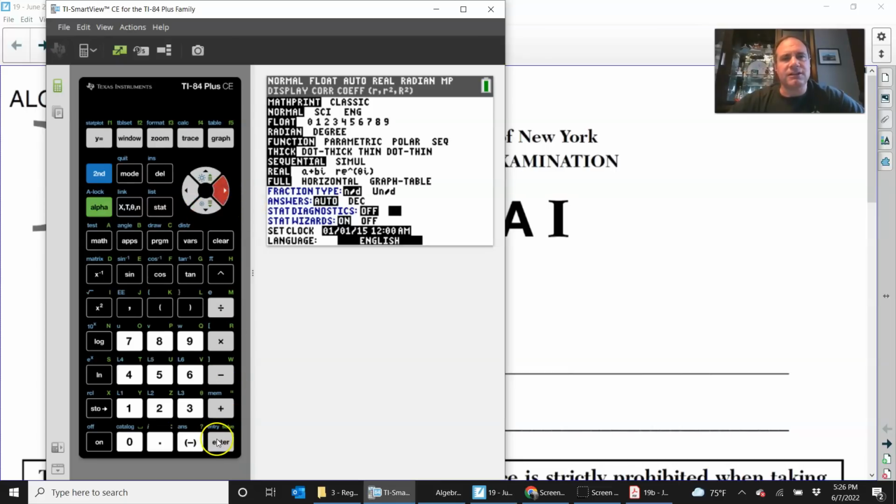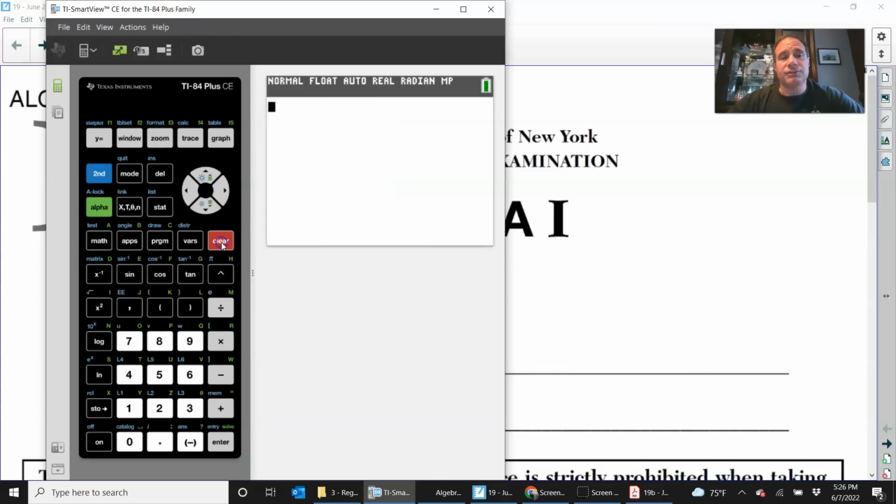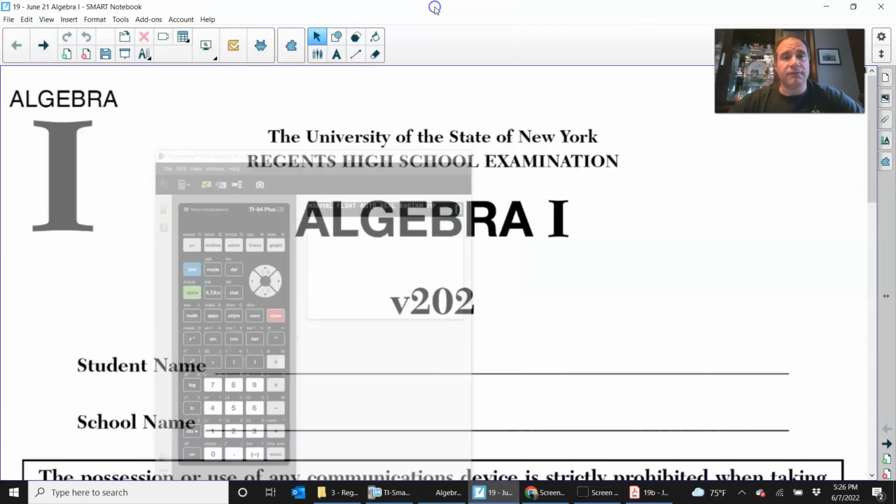You want to set that to on, so press enter and then go down, and stat diagnostics will go on. That is for linear regression. You're going to have a question on linear regression and you want to be able to see that. Once you reset the calculator, everything is turned to off, including stat diagnostics.